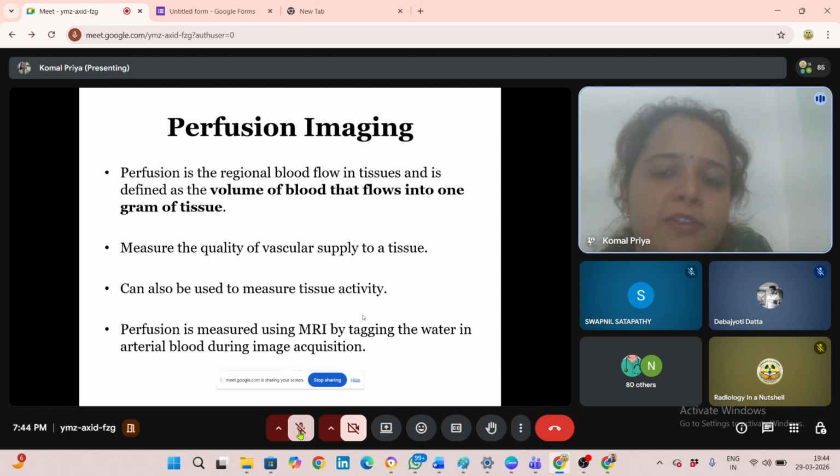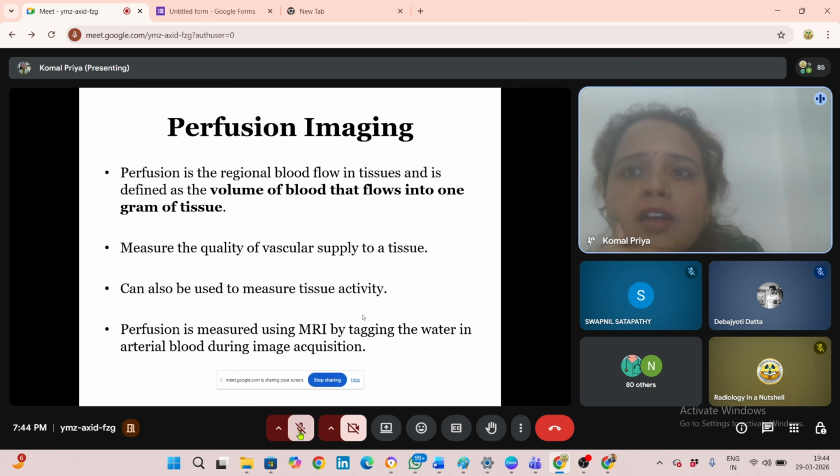So perfusion imaging: because there is no radiation in MRI, but we require very high spatial and temporal resolution to see the anatomical information, that is why functional imaging comes into the light, which examines the blood flow and what happens inside your brain.